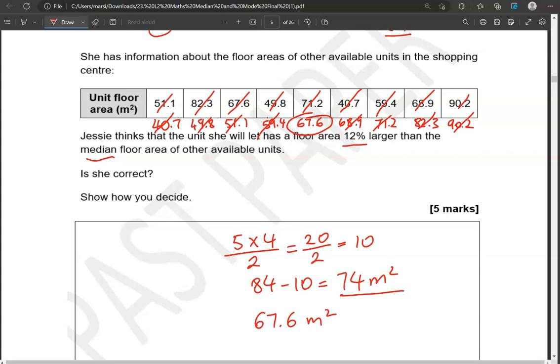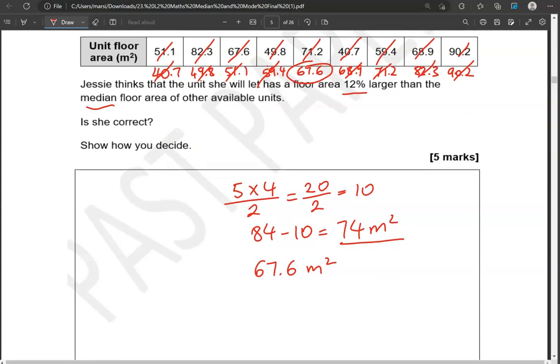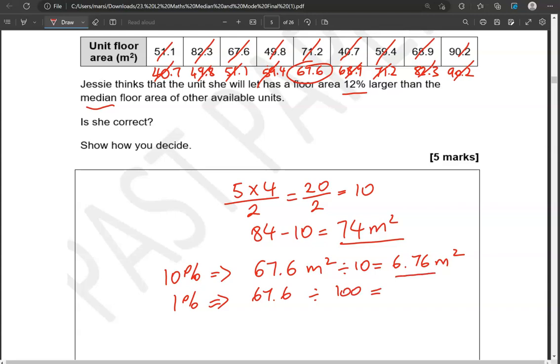We can add 12% to that. As we can't use a calculator, I'm going to split this into 10% and 1%. So starting with 10%, 67.6 divided by 10 will give me 10%. So that is 6.76 square meters. 1%, we work that out by doing 67.6 divided by 100, or 6.76 divided by 10.